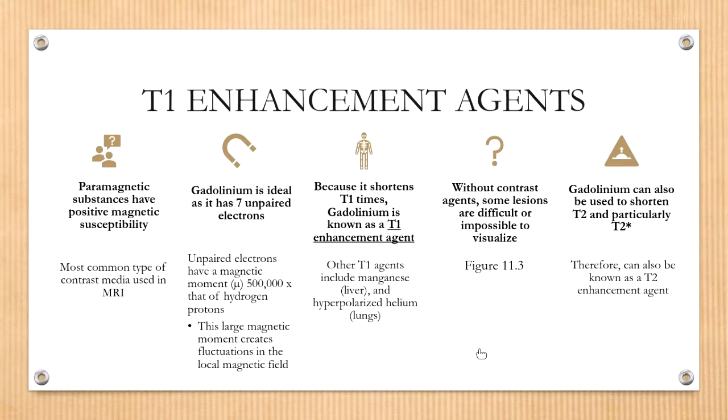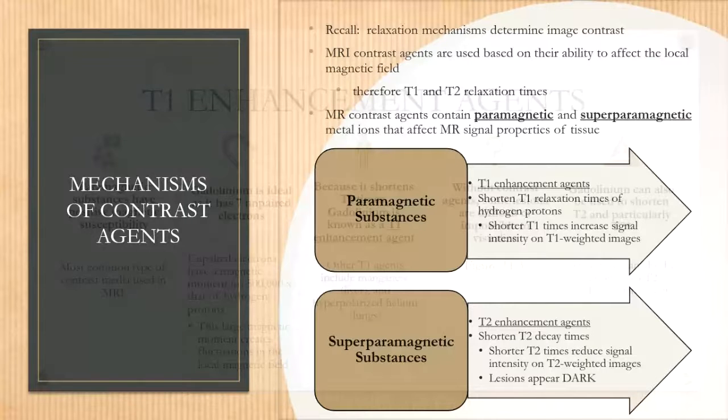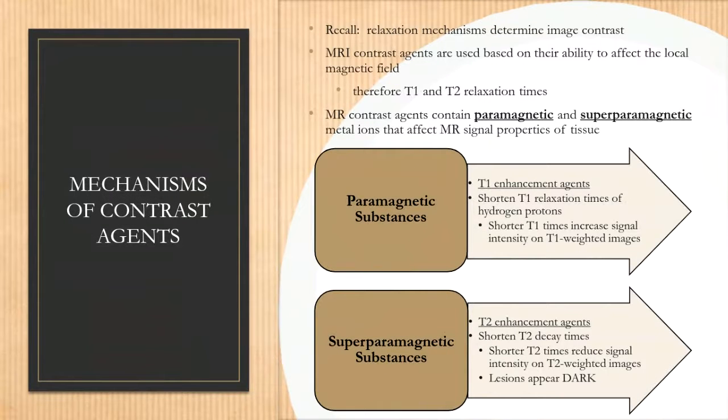And I wanted to throw that out there because initially we talked about the fact that contrast agents can be broken down into paramagnetic and superparamagnetic substances, and that paramagnetic substances are T1 enhancement agents. And we also know that gadolinium chelates are paramagnetic substances.